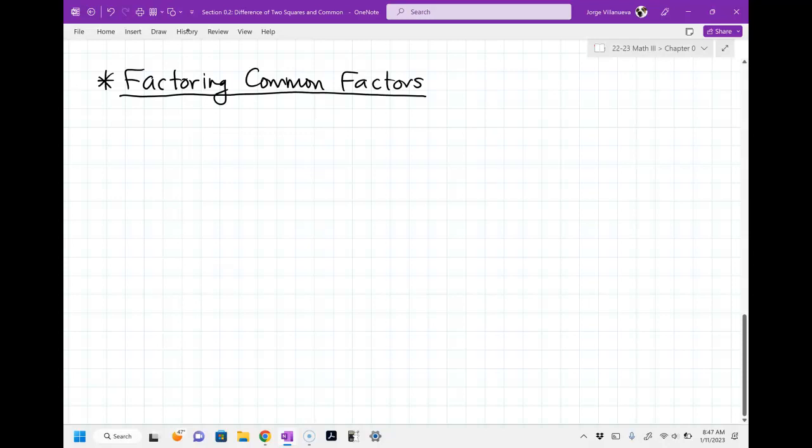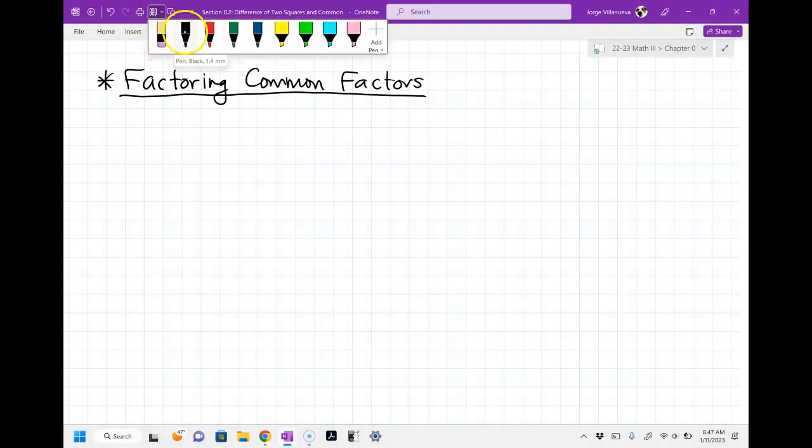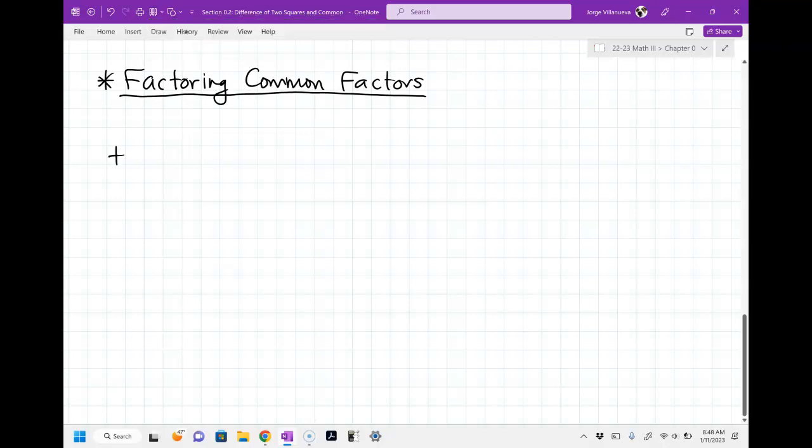That way you can hopefully try to get it done before the period's over. Okay? So there's no formula for factoring out common factors. You just got to look at it and say, okay, it looks like these have the following in common. So let's try one like this. This is example number 2.